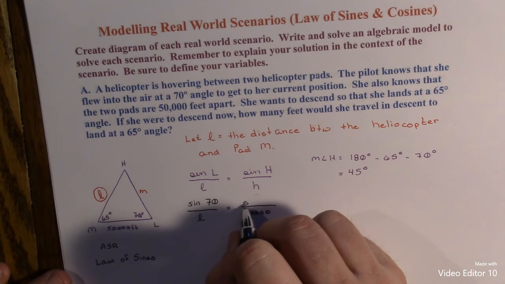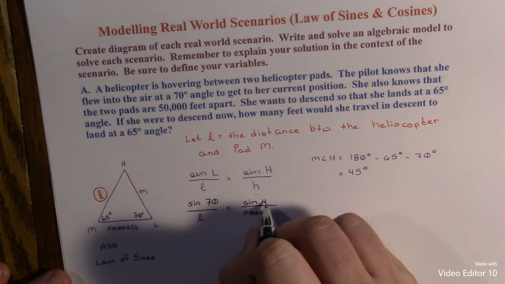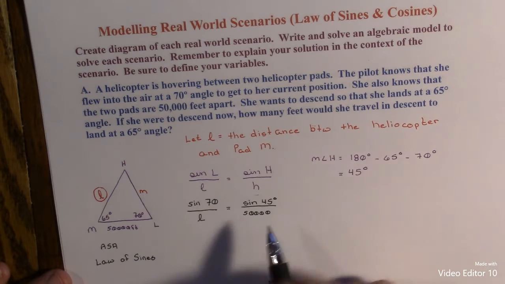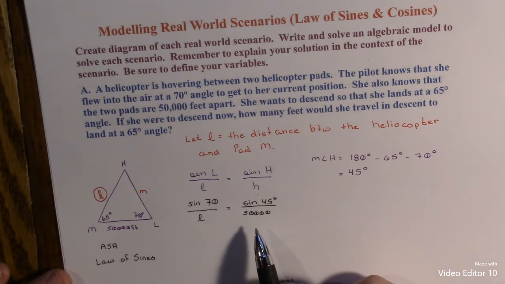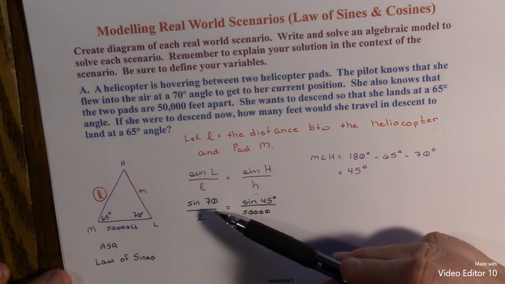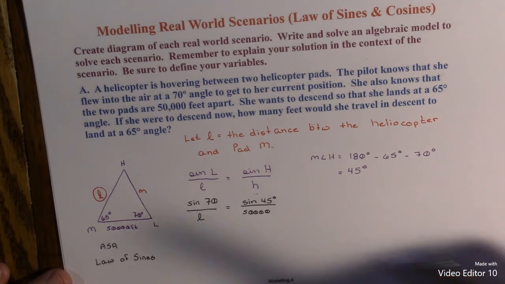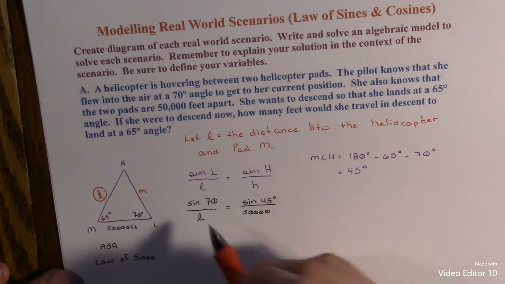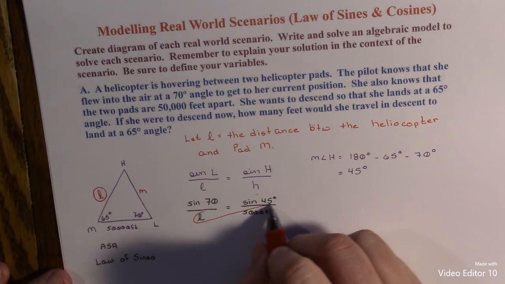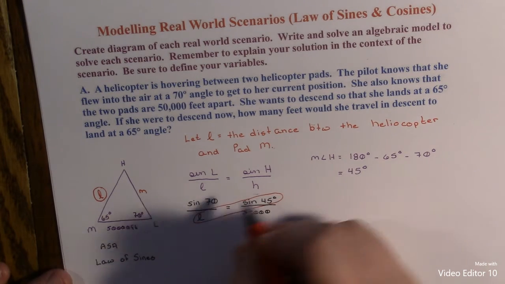So now we have the sine of 45 degrees over 50,000 equals the sine of 70 over L. As we have two ratios, we are able to use cross products.